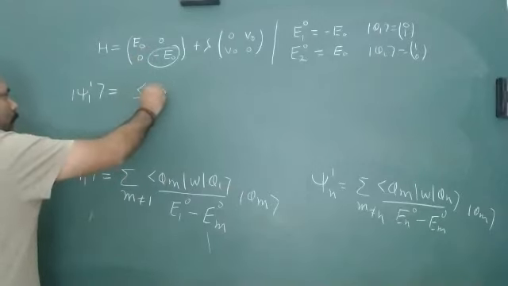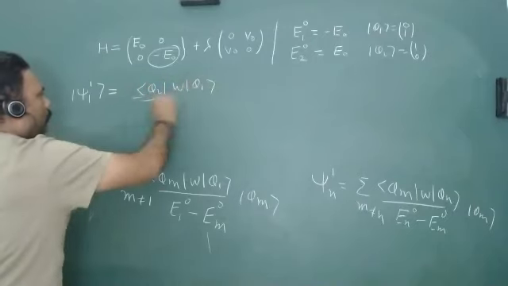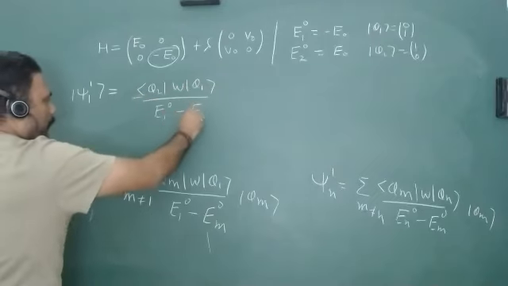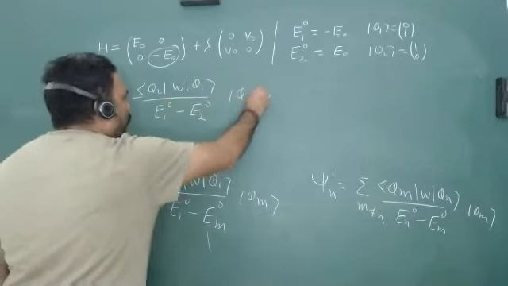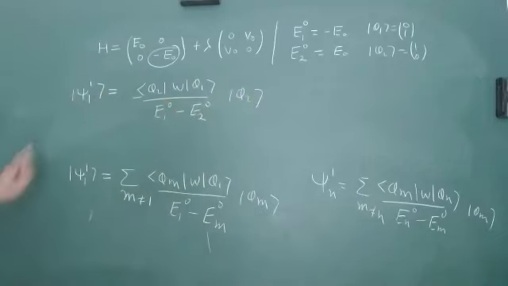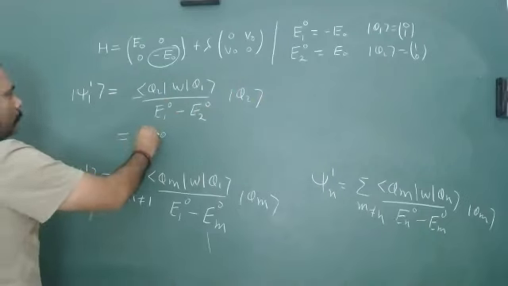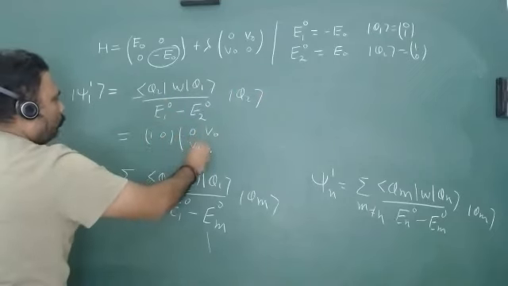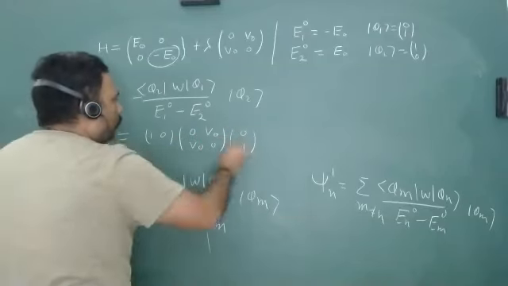So you have phi 2 W phi 1, and here you have E10 minus E20, and here you have phi 2. And now we will calculate it. What is phi 2? Phi 2 is (1, 0). What is W? (0, V naught; 0, 0). What is phi 1? (0, 1).